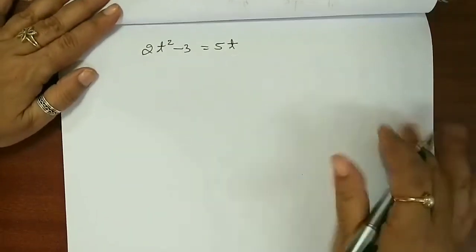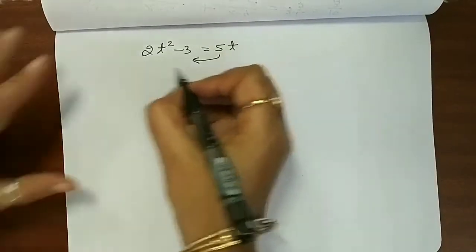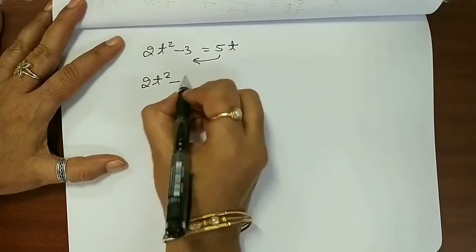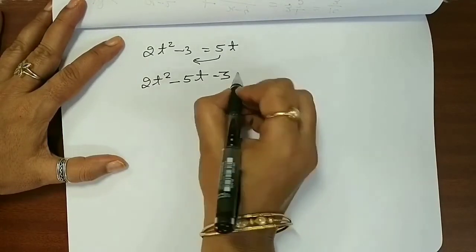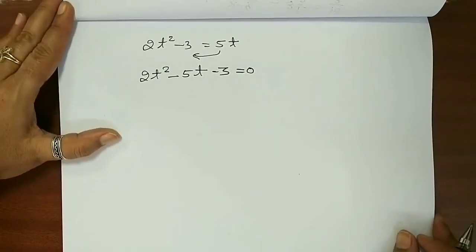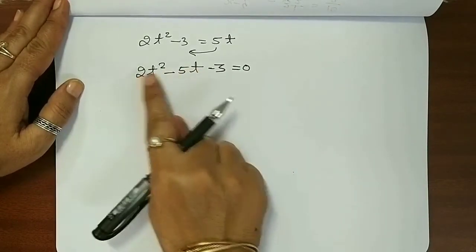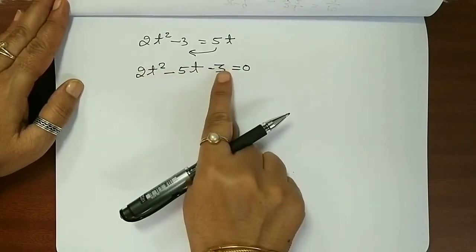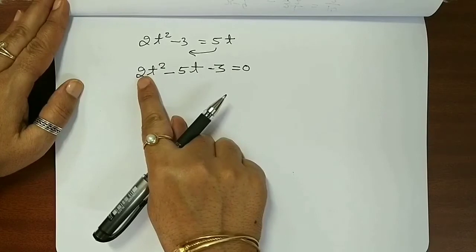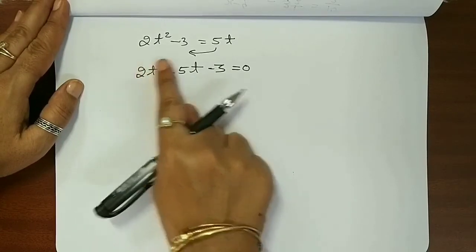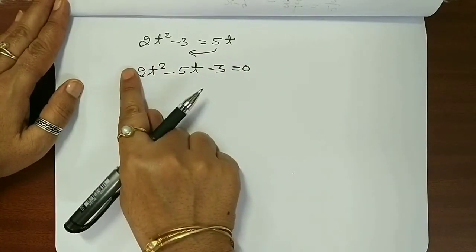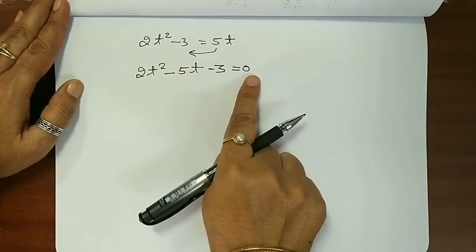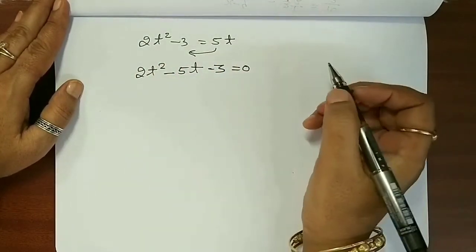Now I can bring it this side and it will become 2t square minus 5t minus 3 is 0. Perfect. Now what we factorize? There are 3 steps for solution. First is bring it in a quadratic equation. Second is factorize. And third is put those factors equal to 0.